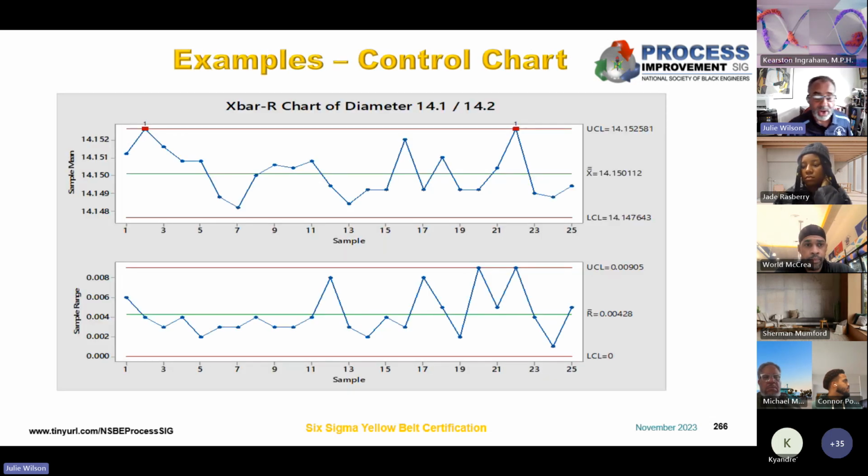When you generate control charts in a statistical software package, you essentially get 2 graphs. You get the chart on top, where the diameter is supposed to be between 14.1 and 14.2, and you can see the level of control. The bottom chart shows you the level of variability of your process. So what you're seeing there is over time, your variability increases.